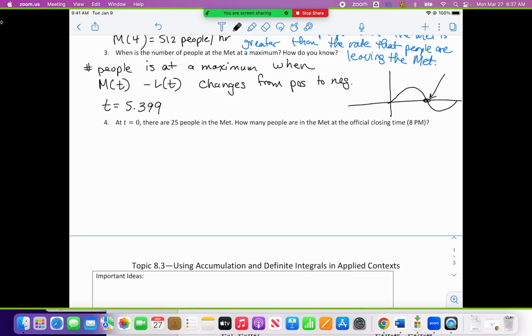All right, then number 4. At t equals 0, there are 25 people in the Met. How many people are in the Met at the official closing time at 8 p.m.? So I'm going to pause a moment and I want you to think about this. Think about what integrals represent.